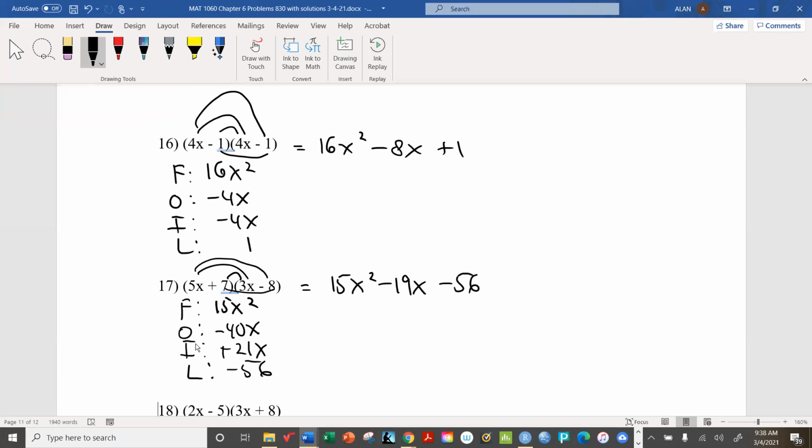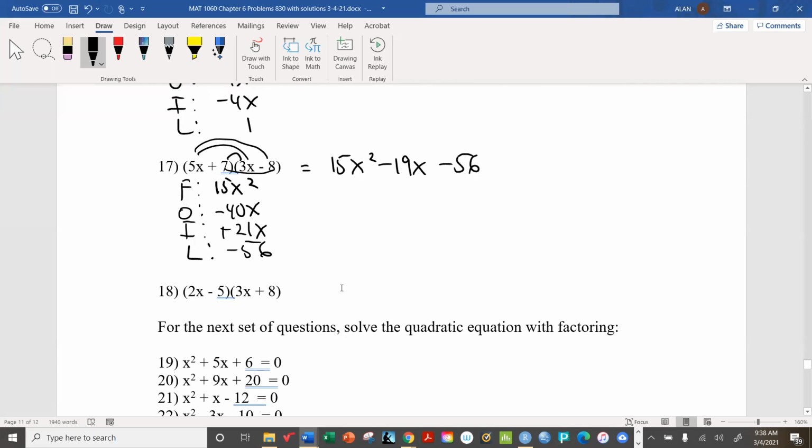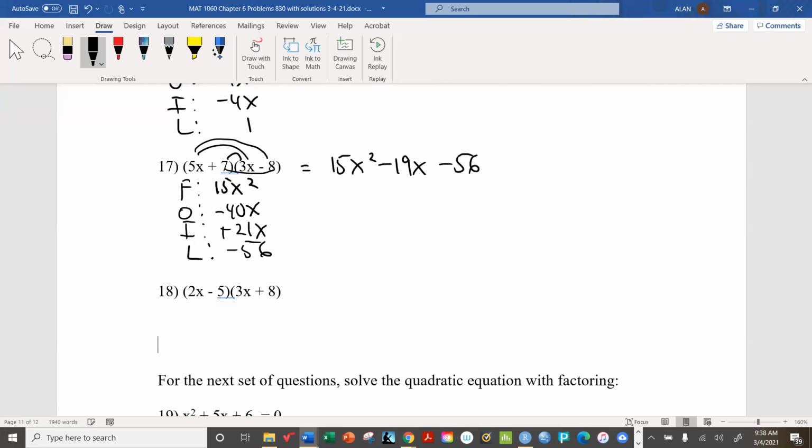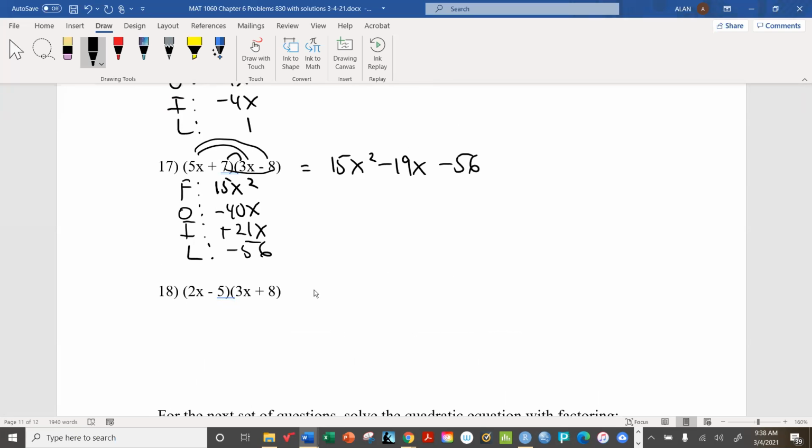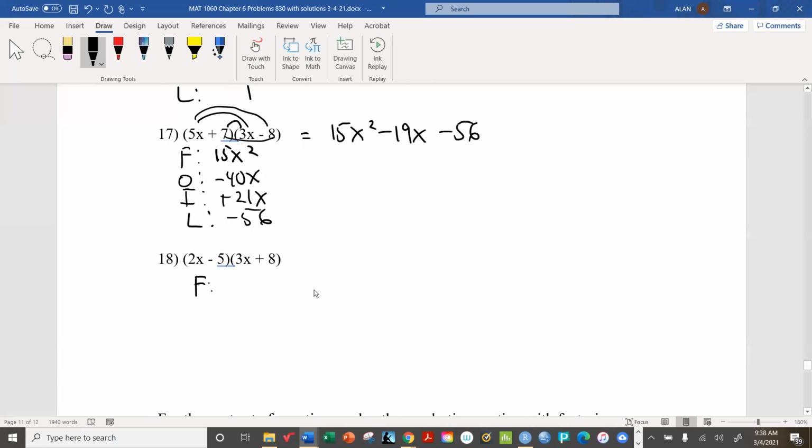You've already seen this before, but these are very straightforward. And then finally, we have 6x squared plus 16x.